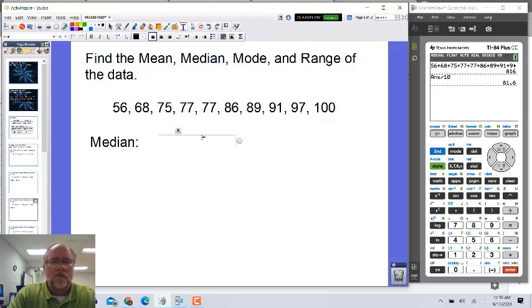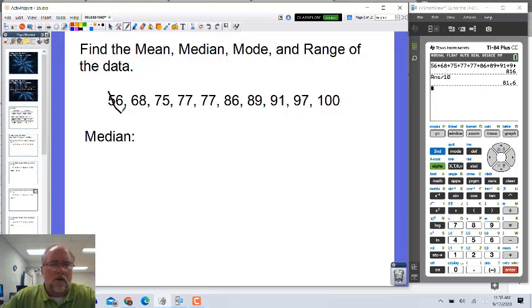Okay, so for the 2 numbers in the middle, what you've learned in the past is to do this. You cross the first one out, cross the last one out, and then you cross one on each end, cross, cross, cross, cross, and then you find the 2 in the middle. So what we have to do to find the average of those is add those 2 and divide by 2.